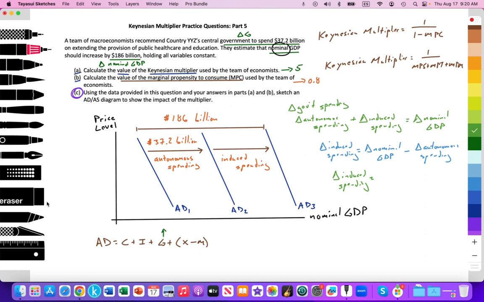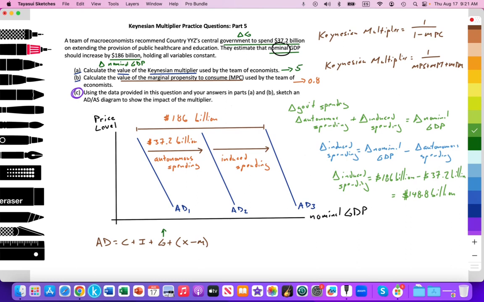We're going to plug in the numbers, subtract, and done. Change in nominal GDP again was 186 billion minus the change in the autonomous spending or government spending, in this case, 37.2 billion. So that's going to equal 148.8 billion. All right, so essentially 37.2 billion plus 148.8 billion equals 186 billion.